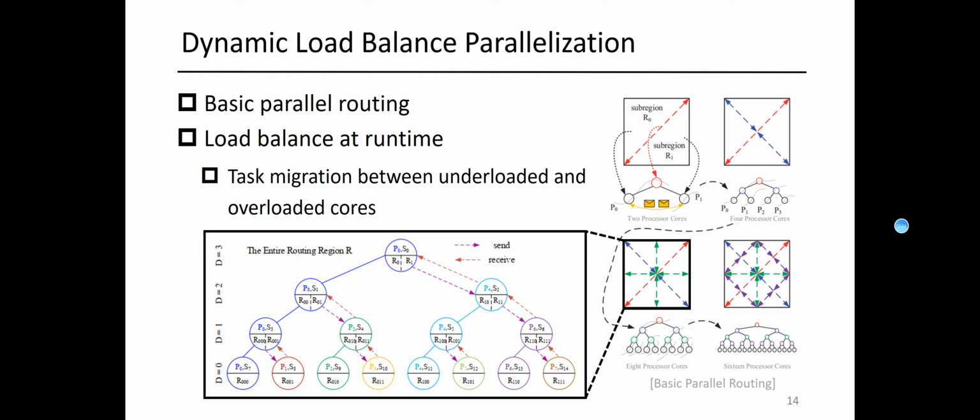The master MPI process P0 routes the nets of the root set and then combines with the slave MPI process P1 to parallel route the nets of the remaining two sets. The partitioning can be recursively performed. We also show the task migration between cores when adopting 8 cores. This ensures the load balance between cores at runtime.